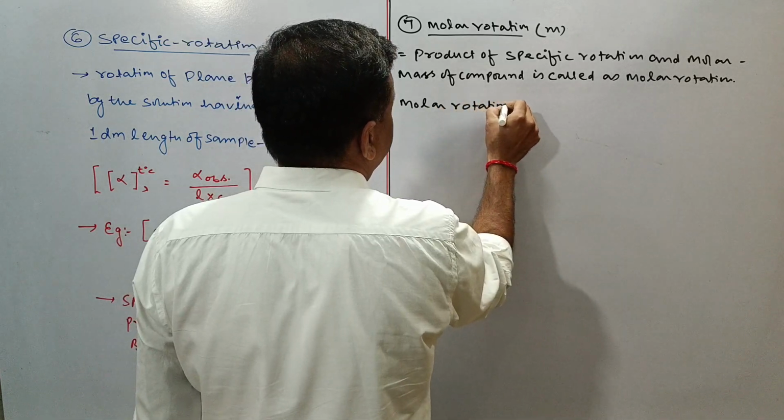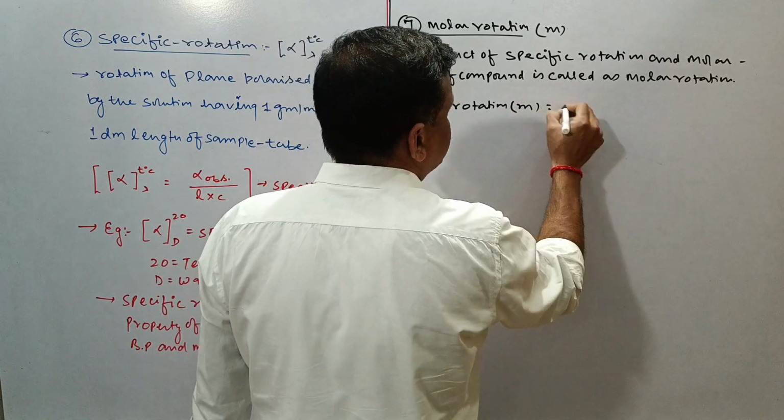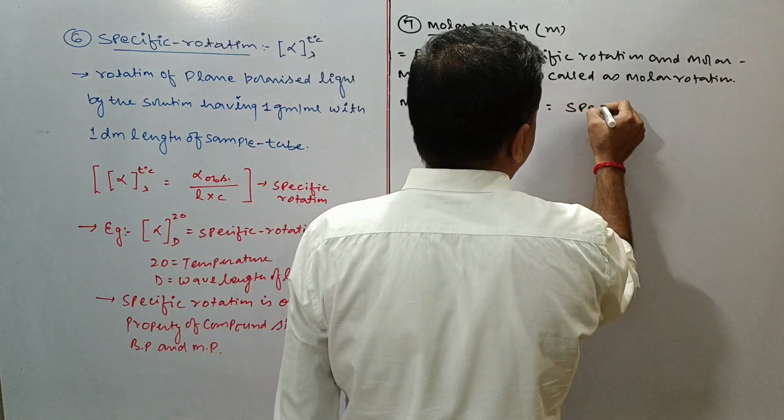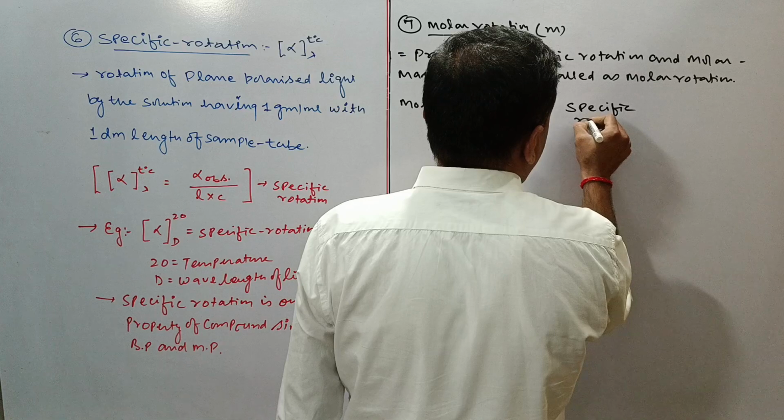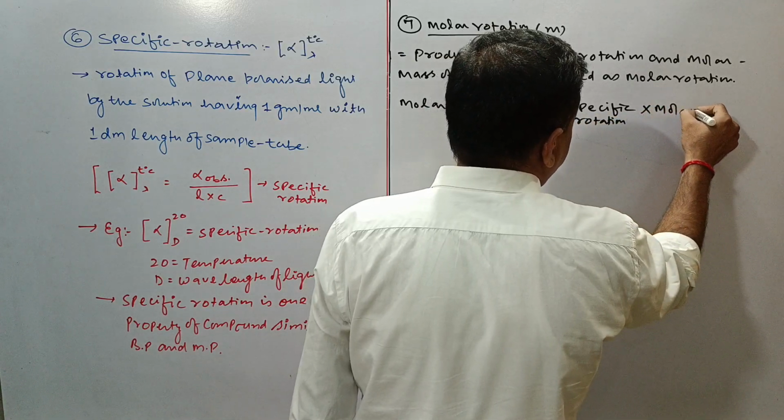So this molar rotation is denoted by small m. This is the specific rotation into molar mass of the substance which has been taken in the sample tube.